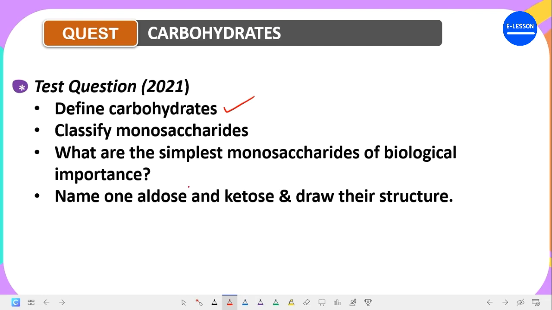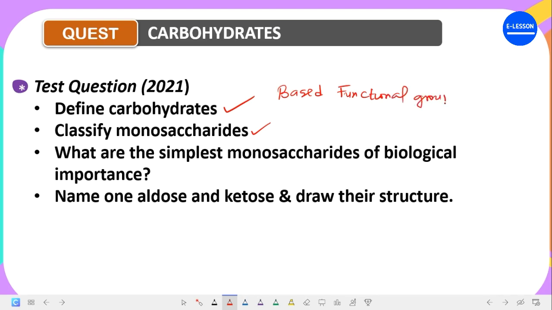Now the next one is classify monosaccharides. This is where I want us to pay attention, because I saw some of us writing some funny stuff here. We said monosaccharides are classified in two ways. One, based on the functional group.